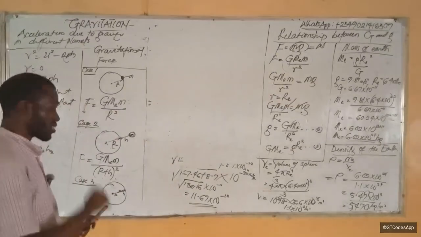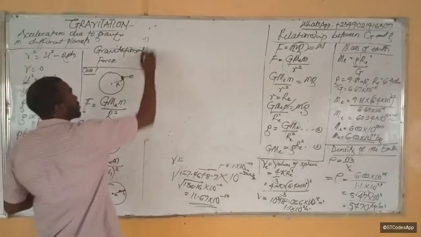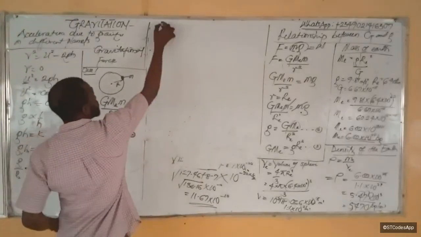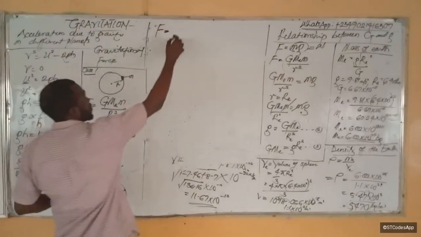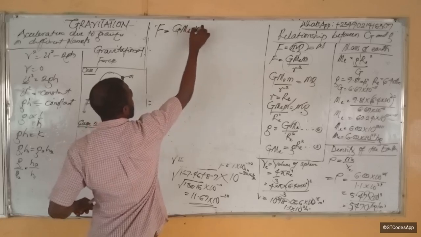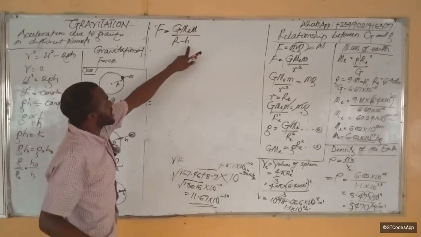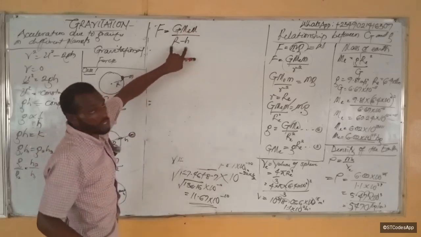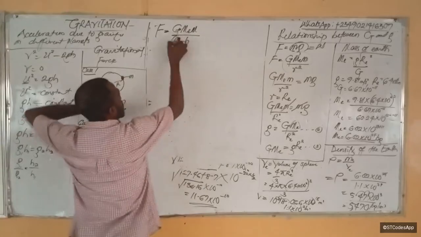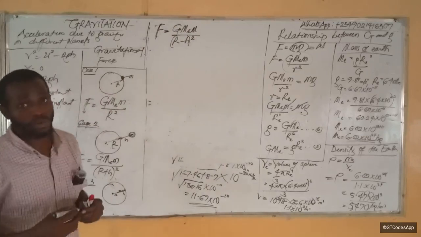You don't need to get all these formulas and how they are derived; you can by yourself use them when you see questions. So just be listening to me. The force will be the gravitational constant times the mass of the Earth times the mass of the object over R minus H, because the distance between them is now not equal to the radius of the Earth again, all squared. So these are the formulas you will use depending on what you are given.